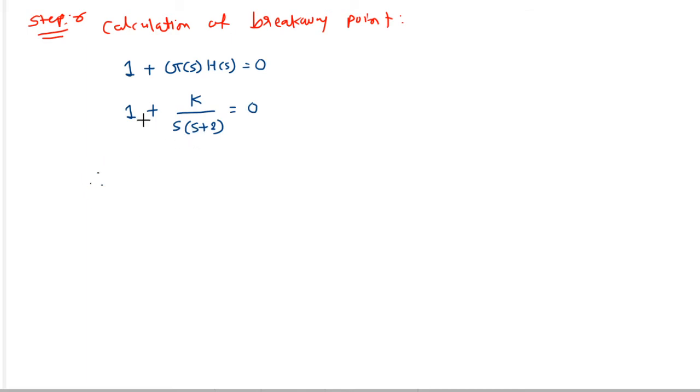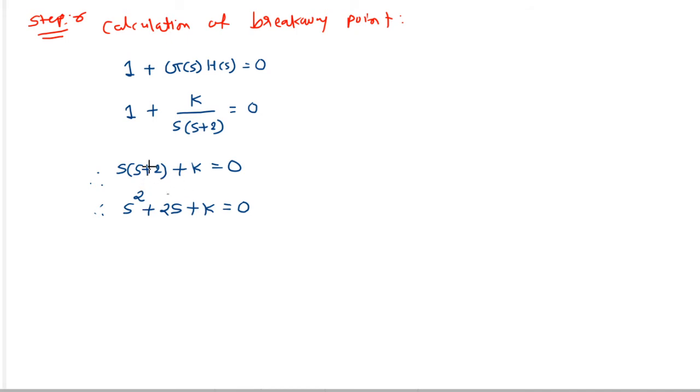Solving this, with LCM s plus 2, we get s plus 2 plus k equals 0, so our characteristic equation is s square plus 2s plus k equal to 0.